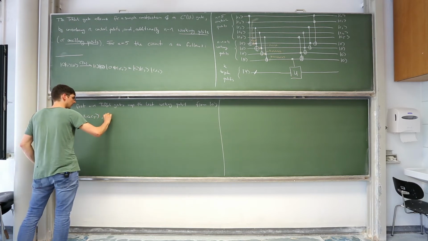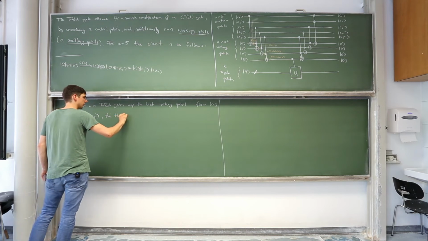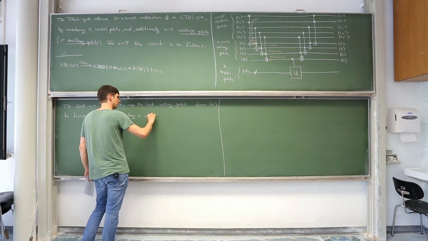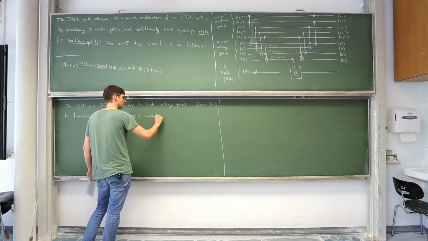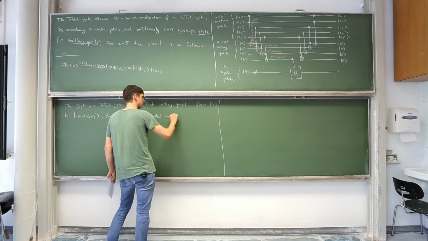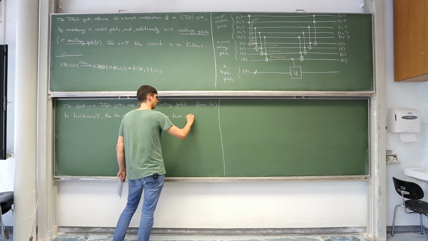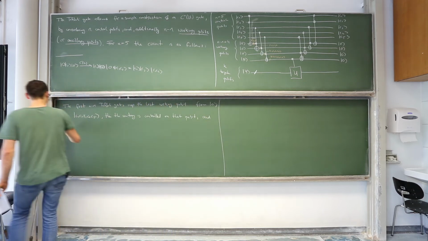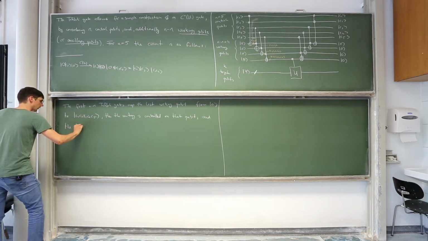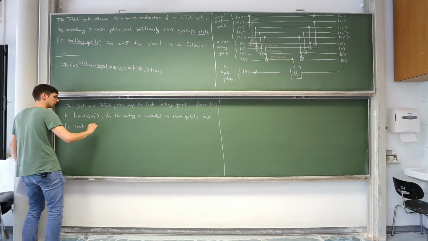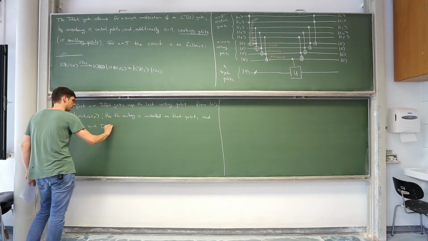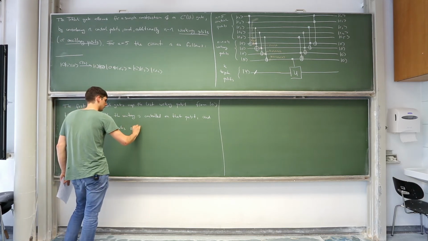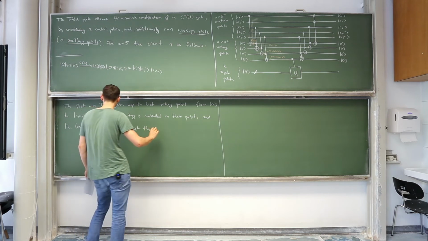Then the unitary is controlled on that qubit, and the last n-1 Toffoli gates reset the working qubits.